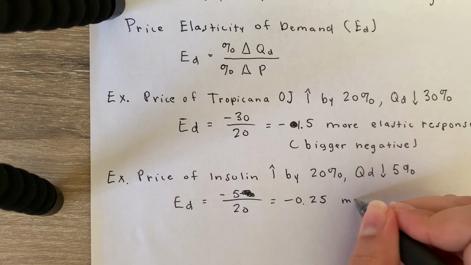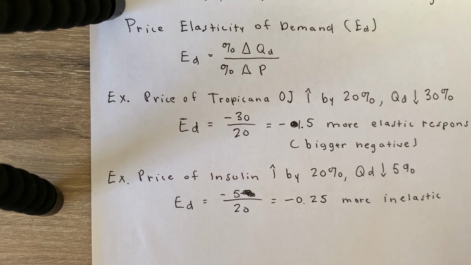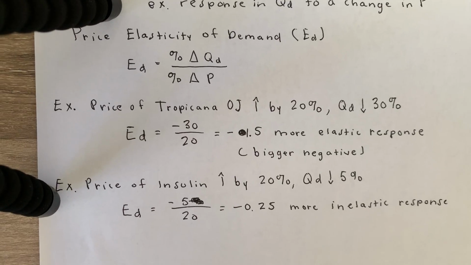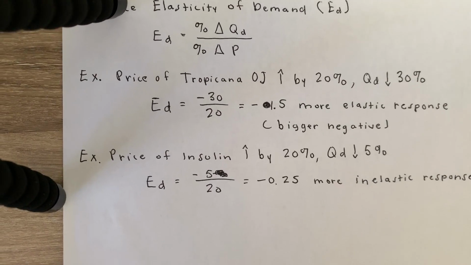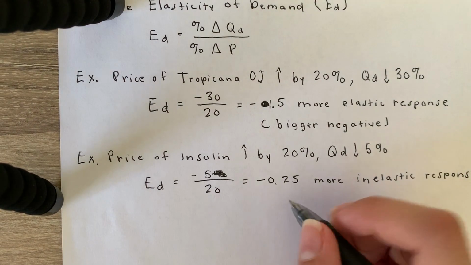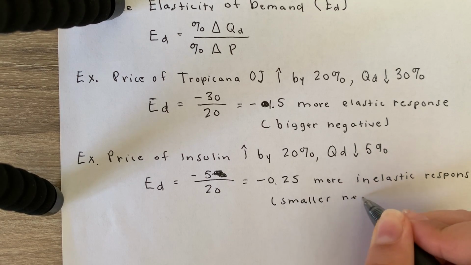So we can say that this is a more inelastic response. I know it's a little cut out, let me just scoot it over. It's a more inelastic response because this is a smaller negative.